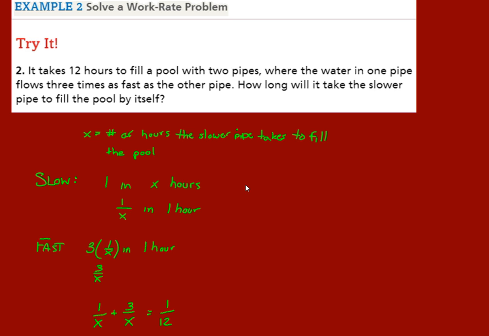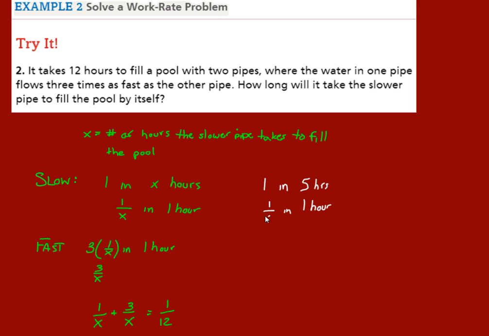So like I said before, that's like saying you can do 1 in 2 hours. So how many can you fill in 1 hour? You can fill half of it in 1 hour. Let me change the numbers there, maybe make it a little bit easier. If we did 5 hours, you'd be able to fill 1/5 of it in 1 hour.